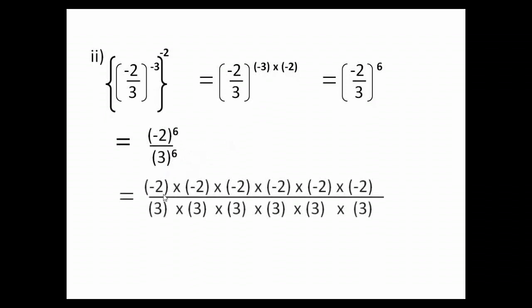It means -2 multiplied by itself 6 times and 3 multiplied by itself 6 times, which will result in: -2 into -2 into -2 will give you -8, and then -2 -2 -2 gives -8, which will result in 64. 3 3s are 9, 9 3s are 27, and then 3 3s are 9, 9 3s are 27 will give you 729. So 64 by 729.